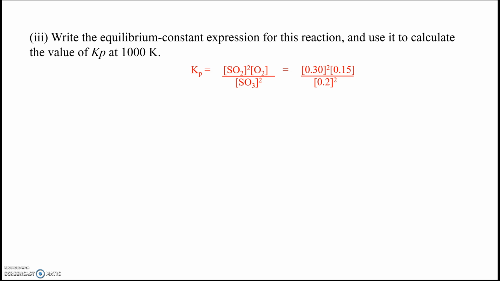So now I know the concentrations at equilibrium. I can put those numbers in. So Kp is 0.3 squared times 0.15 divided by 0.2 squared. When you crunch the numbers, you see that comes out to be 0.34.